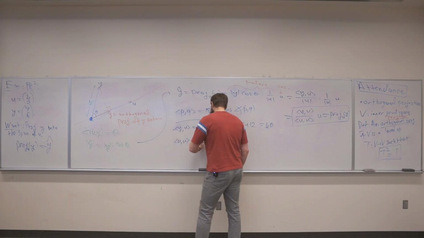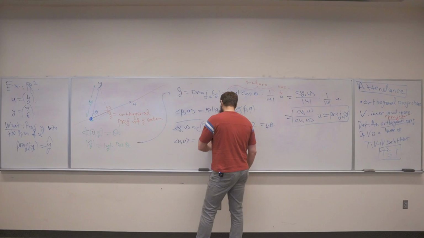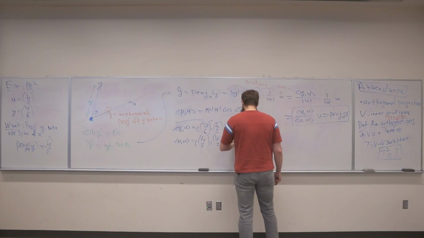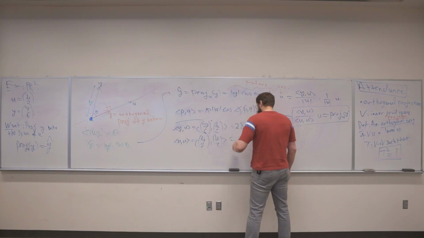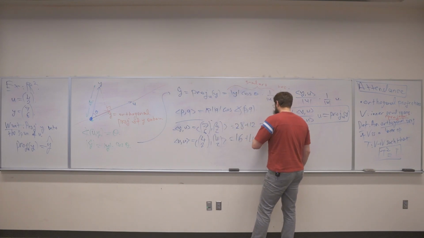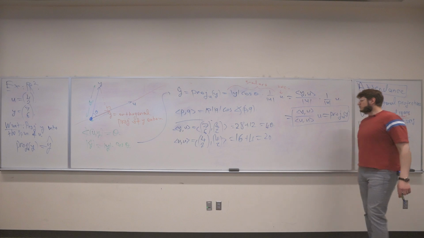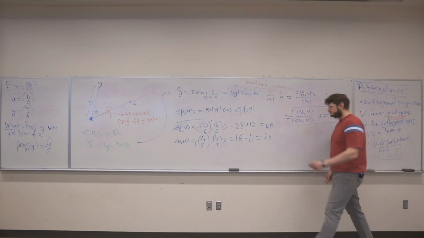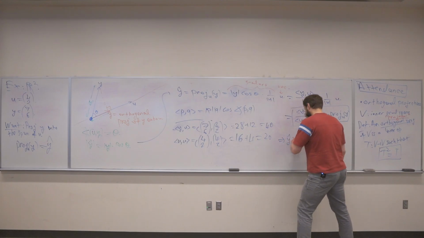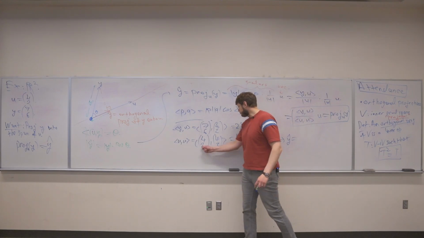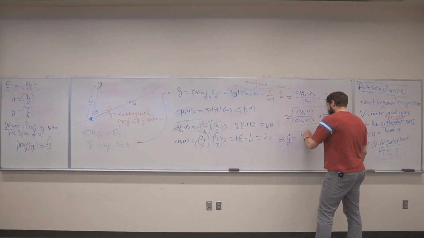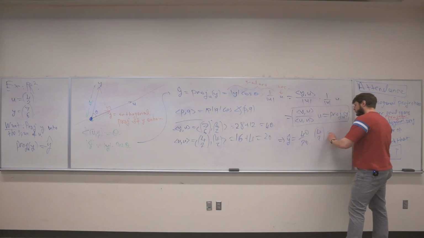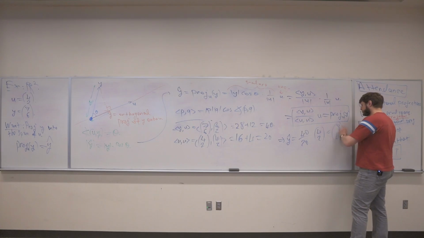So 4, 2 against 4, 2. 16 plus 4 is 20. So in the denominator, I should be putting 20. So this is going to be twice u. Two times, so 40 divided by 20 is 2, and 2 times u is 8, 4.